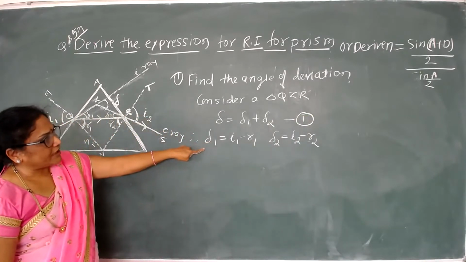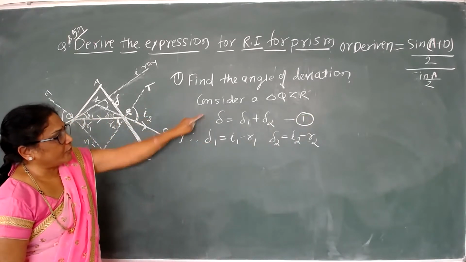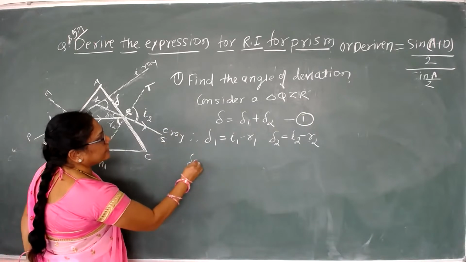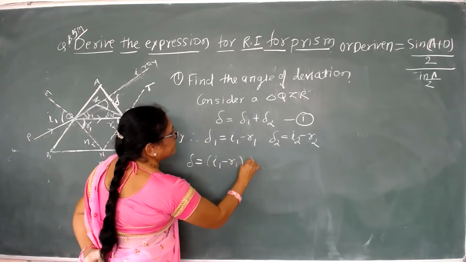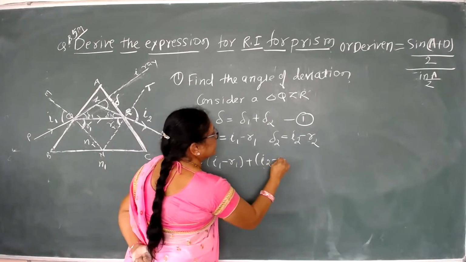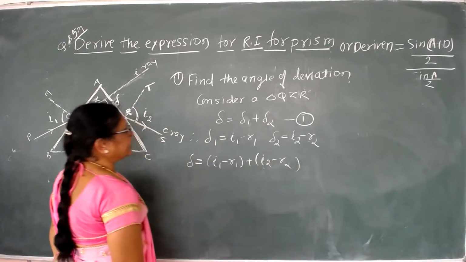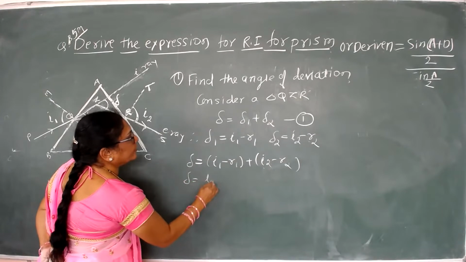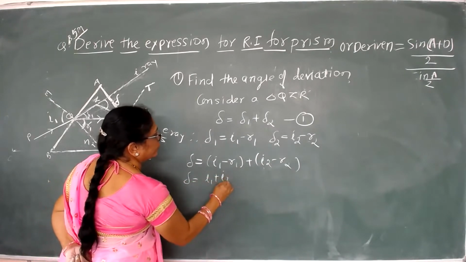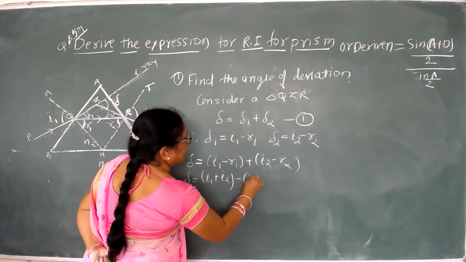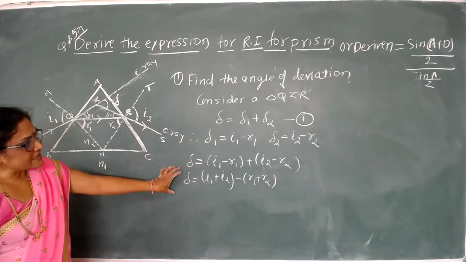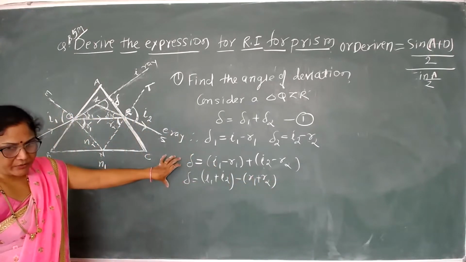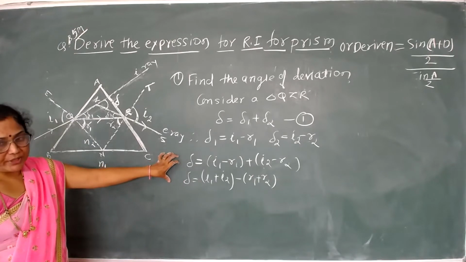Substitute the values of delta 1 and delta 2 in the above equation. That is, delta is equal to I1 minus R1 plus I2 minus R2. Simplify this: delta is equal to I1 plus I2 minus (R1 plus R2). So this is our important formula to solve numericals.